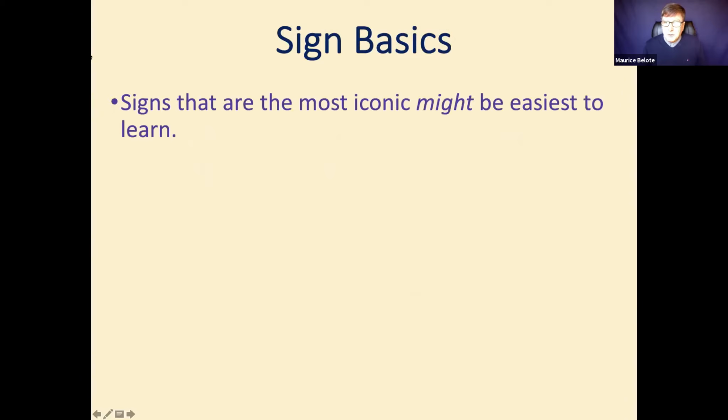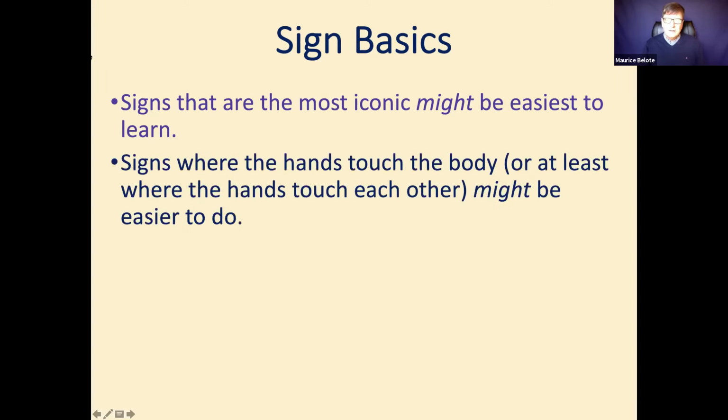Sign basics we're going to cover. Signs that are the most iconic might be easiest to learn. Signs where the hands touch the body, or at least where the hands touch each other, might be easier to do.